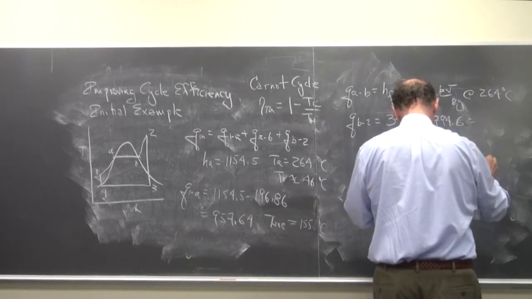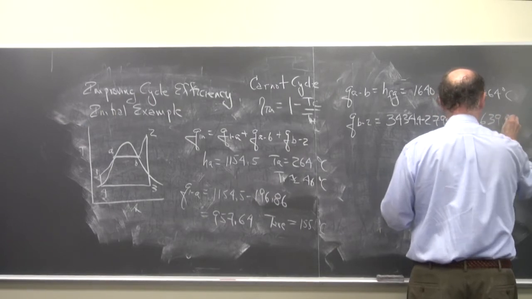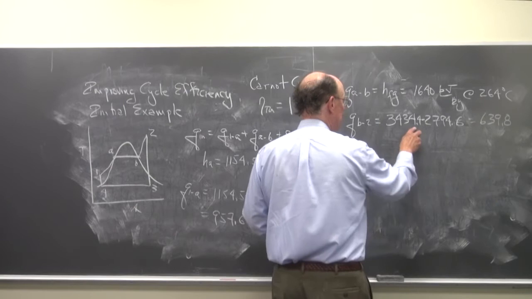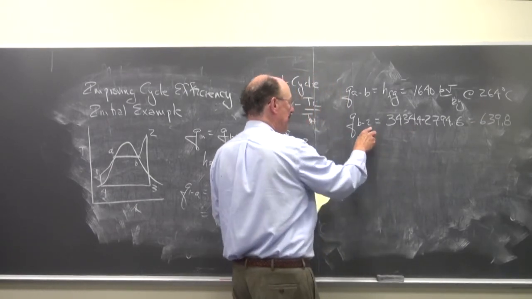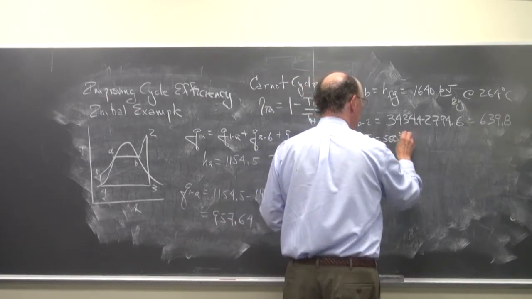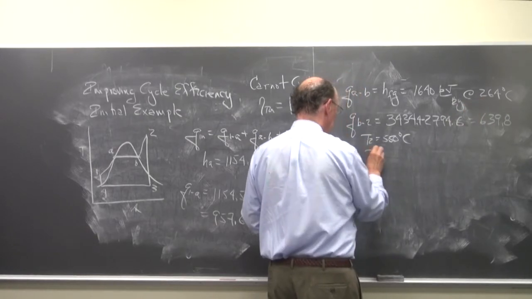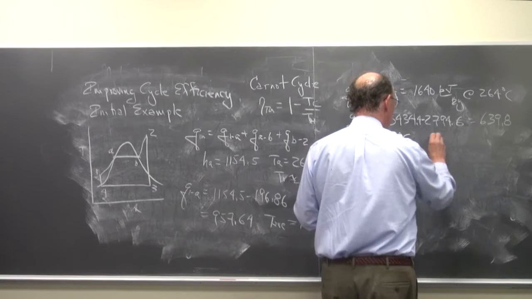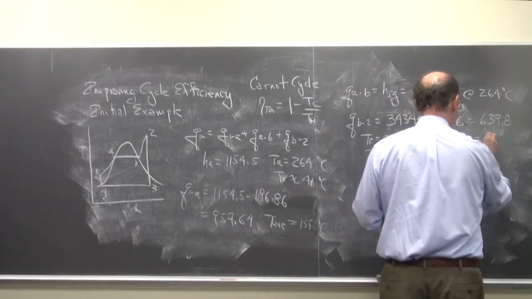So this is equal to 639.8. And this was at 500 degrees C. So at state 2, T2 was 500 degrees C, and we know that TB was 264. So TAV is equal to 382 degrees C.